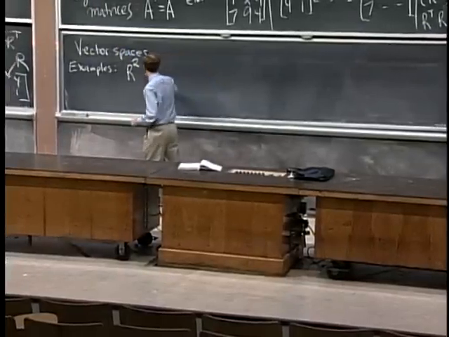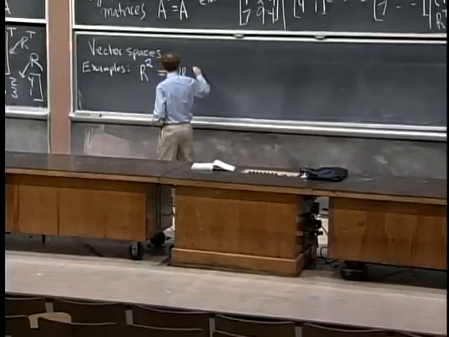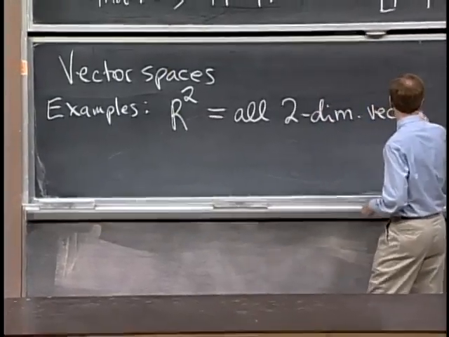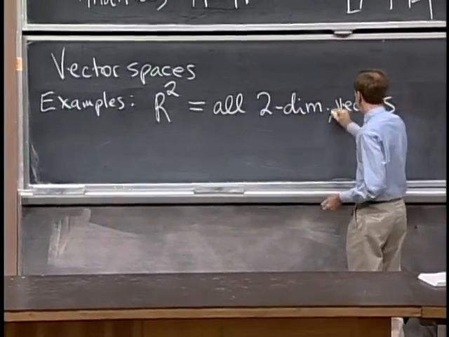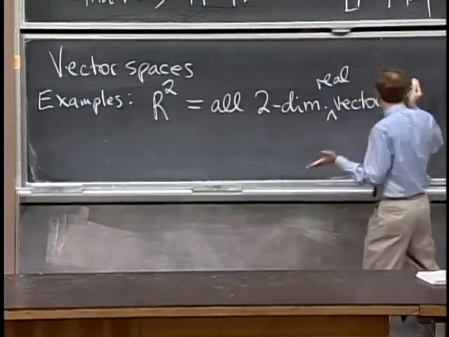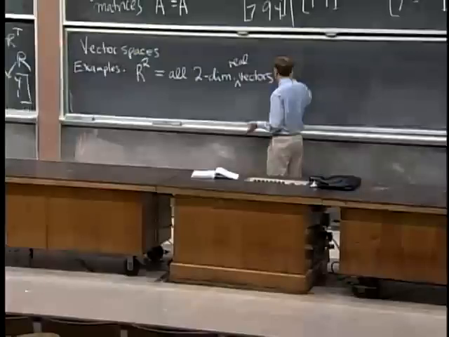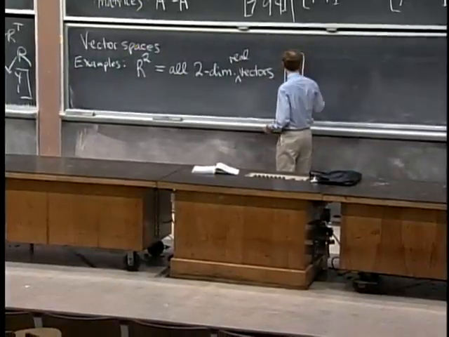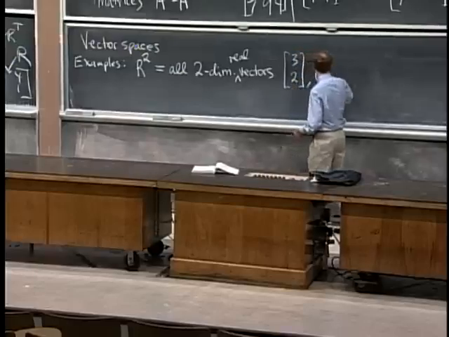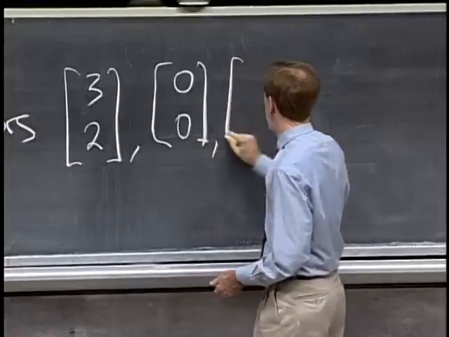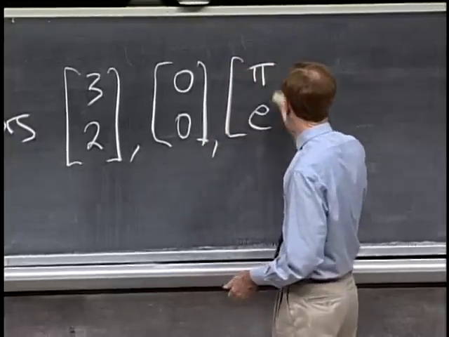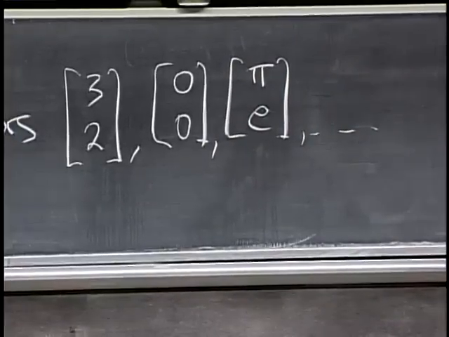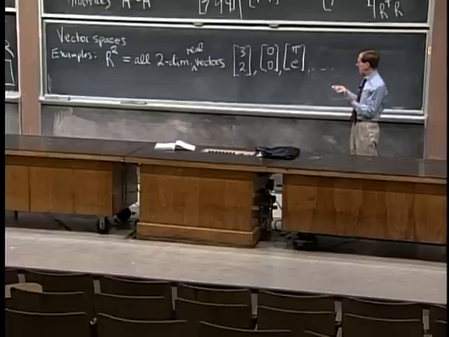So this is all two-dimensional, real vectors, such as, well, I'm not going to be able to list them all, but let me put a few down. 3, 2. 0, 0. Pi, e. And so on. And it's natural.